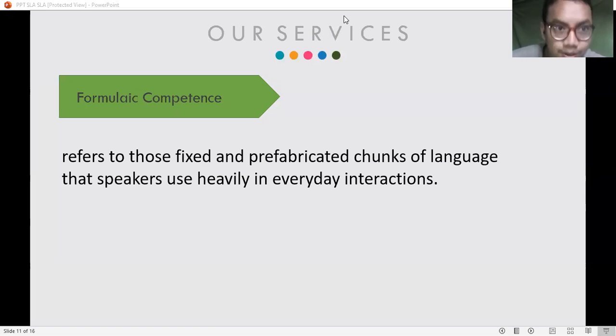So we have how do you do in a formal situation, and in an informal situation we have how are you. Another example is idioms like don't beat about the bush or a piece of cake. And then we have adjectives like significant, mutually intelligent. So it's used in everyday interactions.